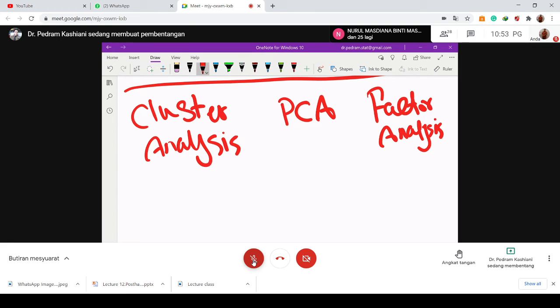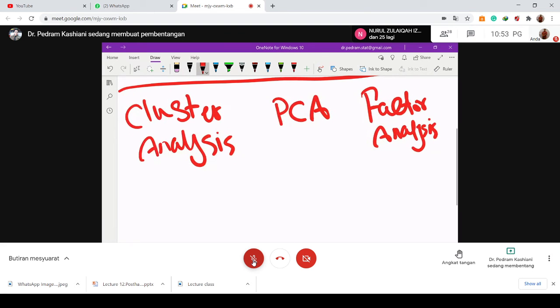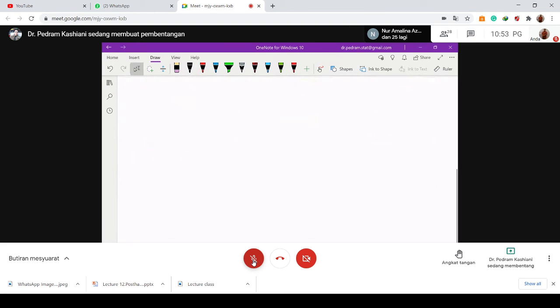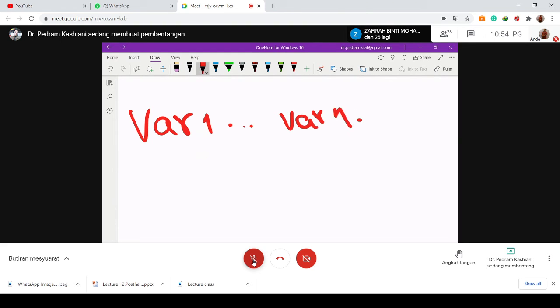For example, I do one experiment on genotypes or varieties. I call it variety, easier for you to understand. I have variety 1 until variety 10.